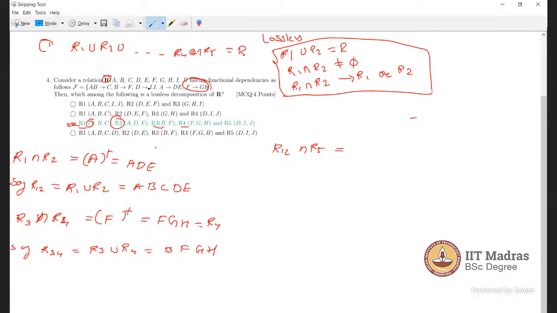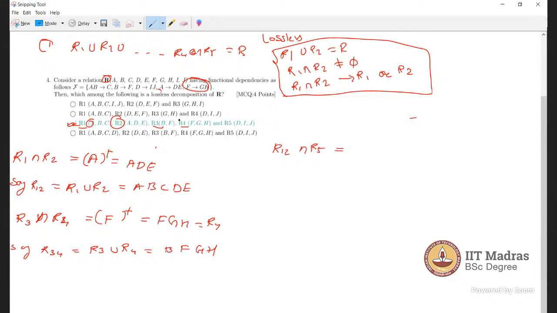Yes, because we are checking for lossless decomposition. You have to consider those 2 relations which have some common attributes and check whether we can determine R1 or R2. Suppose we take R12 and we are not getting R1 and R2, then you can check the R1 and R3 combination also. So we have to check all possible combinations and find out.